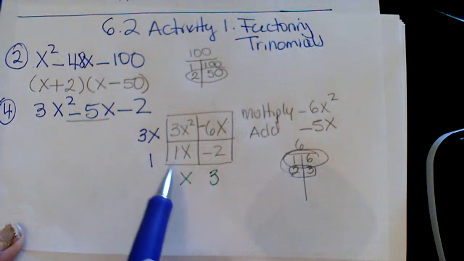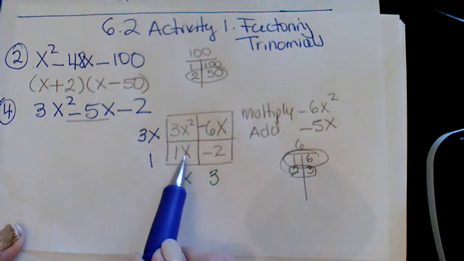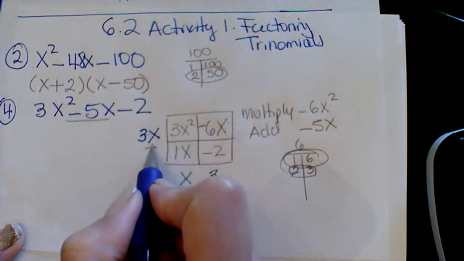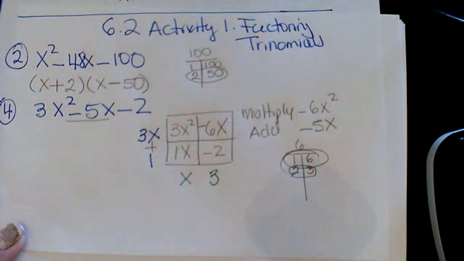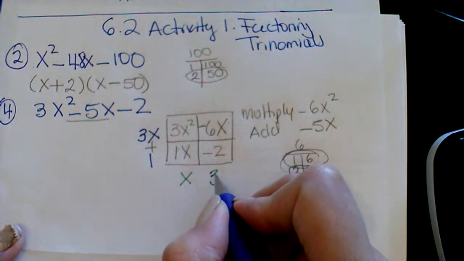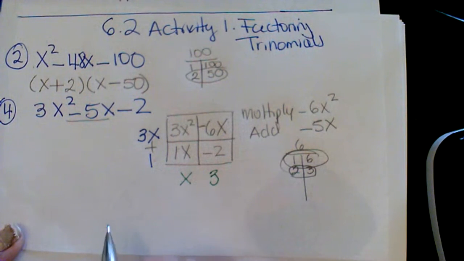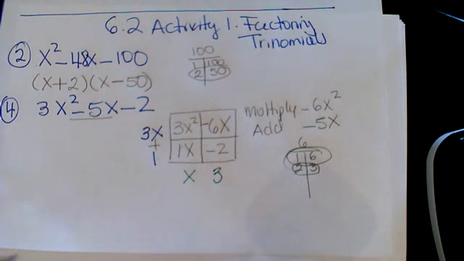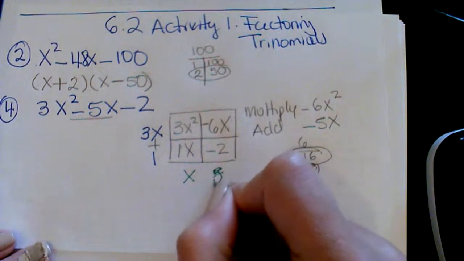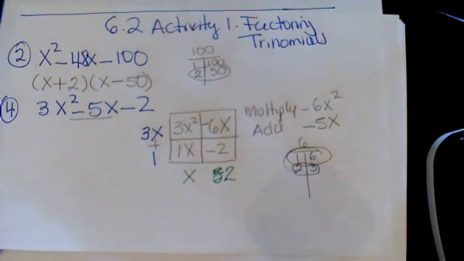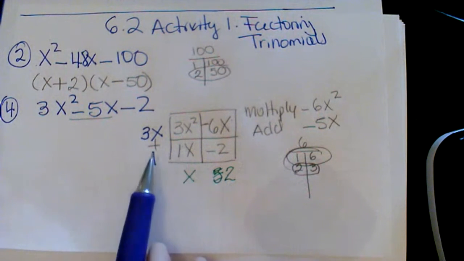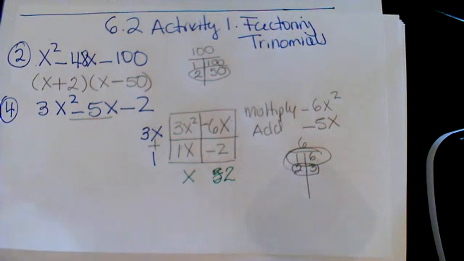When we multiply 1 times x, we need to get x. So it seems like this one is going to be positive. Now, if I multiply the 3 times 1, you know what? This is not 3. This got to be 2. So 2 times 1 is not going to give me negative.